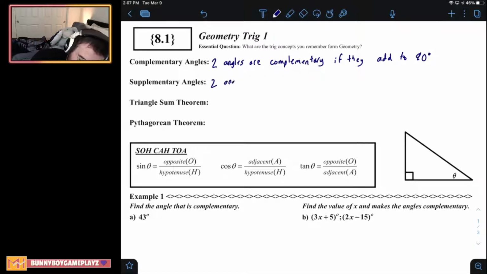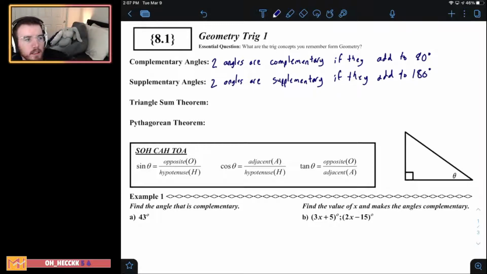And two angles are supplementary if they add to 180 degrees. So 50 and 130 are supplements to one another because 50 plus 130 is 180.